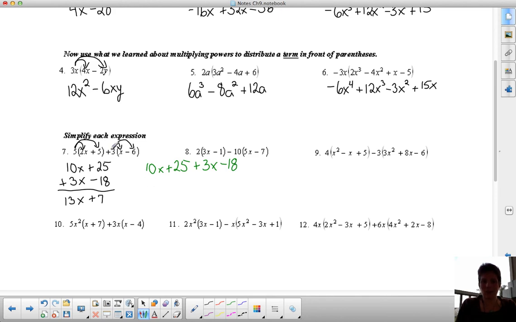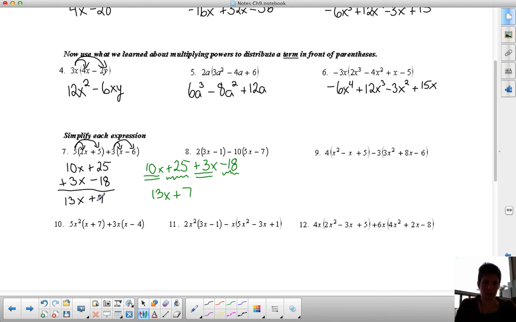Same thing, we distributed that 3 to the x and to the negative 6. And now we're going to combine like terms: 13x, and 25 and 18 get combined, so plus 7. So using that exact same work, exact same thoughts, it's just horizontal instead of vertical.